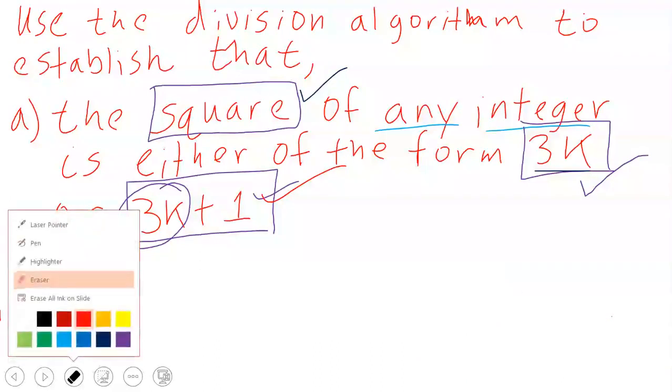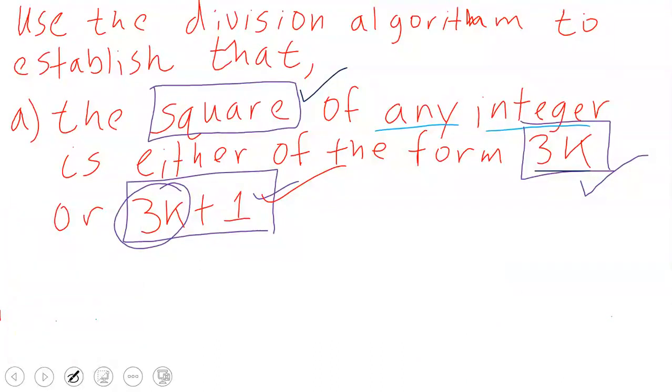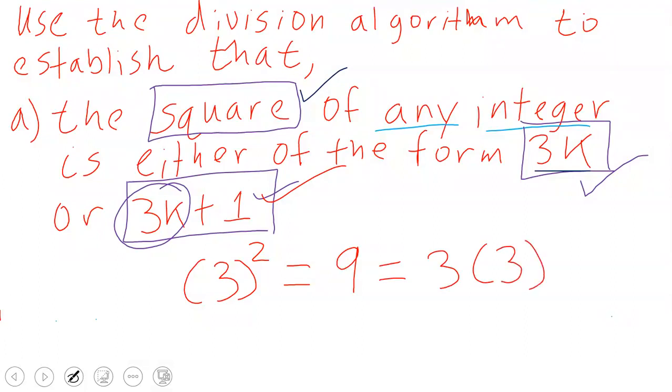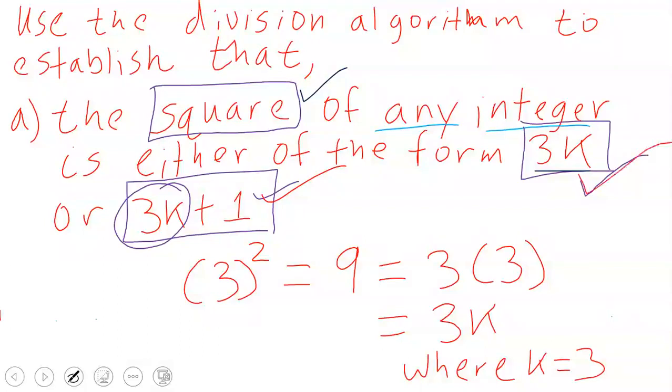We'll have 3 squared. And what is 3 squared? 3 squared is indeed 9. But what is 9? Can we write 9 as 3 times 3? And isn't this the same thing as 3k, where k equals 3? So you see, we got this one.